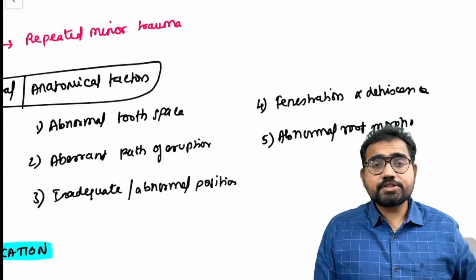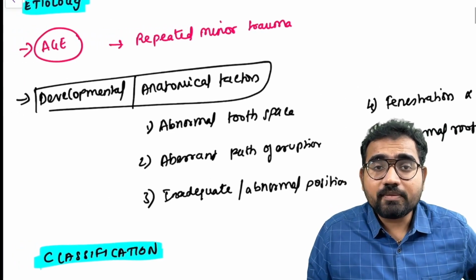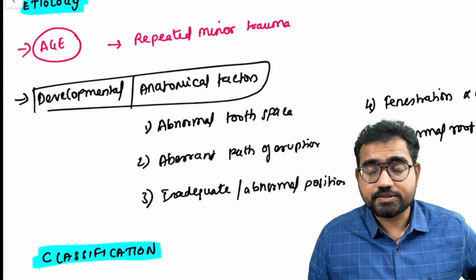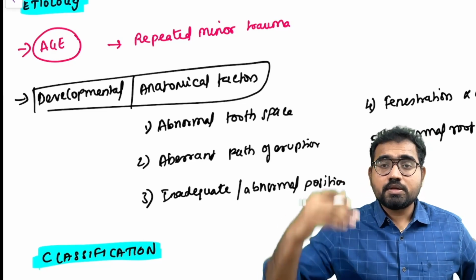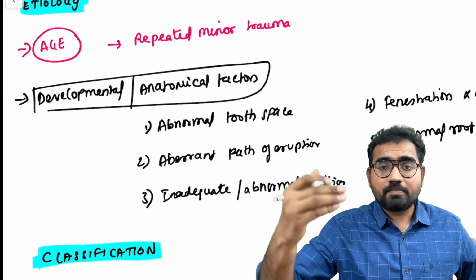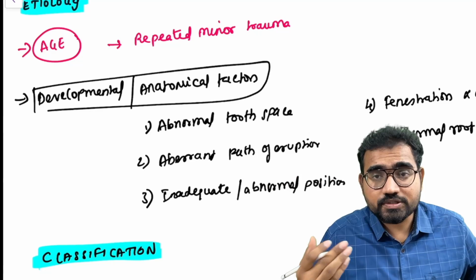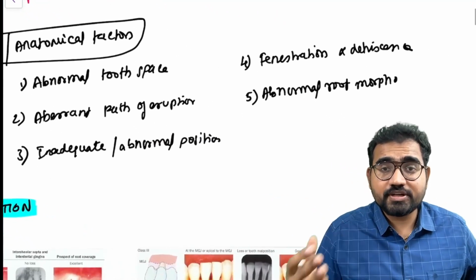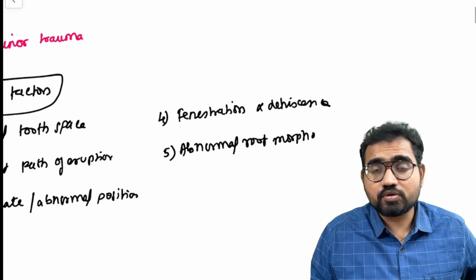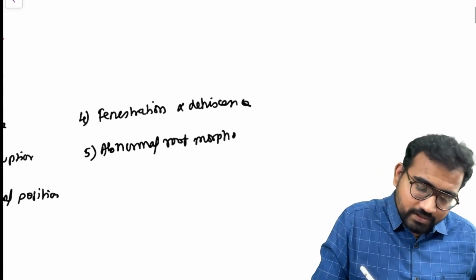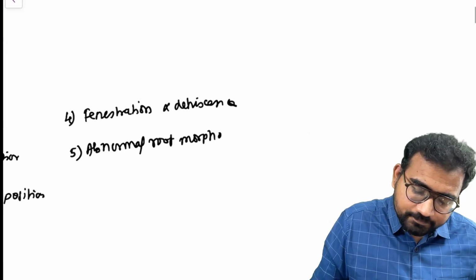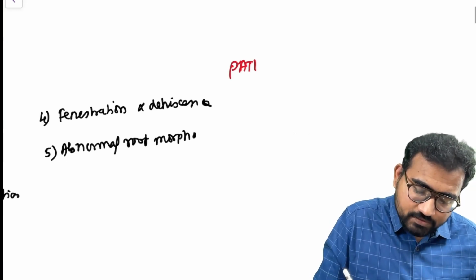So these are the developmental and anatomical factors causing recession: abnormal tooth space, path of eruption, inadequate or abnormal position of the tooth, fenestration and dehiscence, and abnormal root morphology.